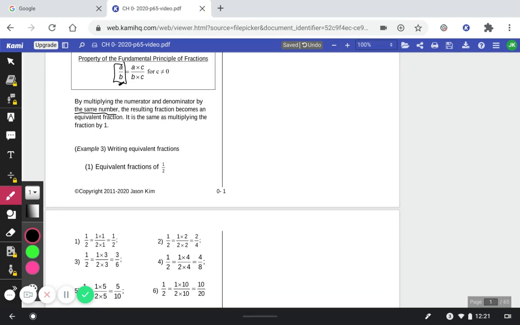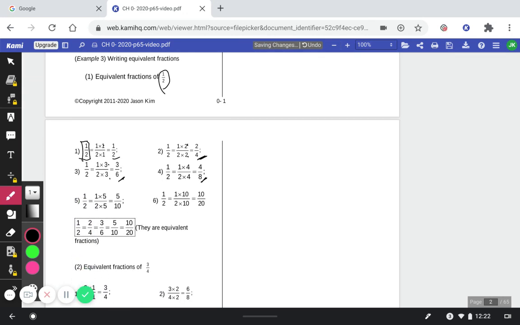Now, example: write equivalent fractions of 1/2. If you multiply by 1 and 1, 1/2. If you multiply 2 and 2, 2/4. If you multiply 3 and 3, the same number, 3/6. 4 and 4, 4/8. If you multiply 5 and 5 to the 1/2, it's the same as 5/10.